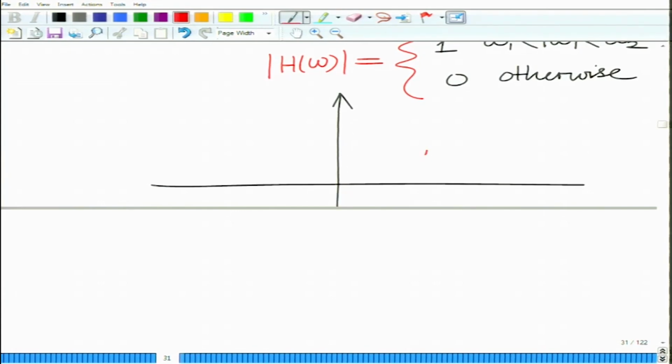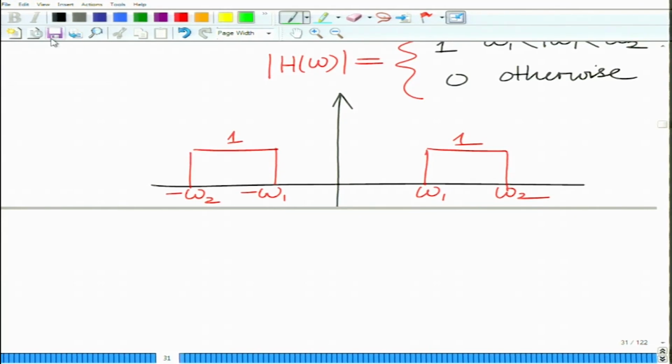So, we have this band, which is either omega 1 to omega 2, which has a gain of 1, or minus omega 2 to minus omega 1.